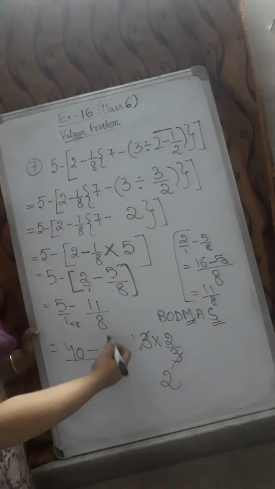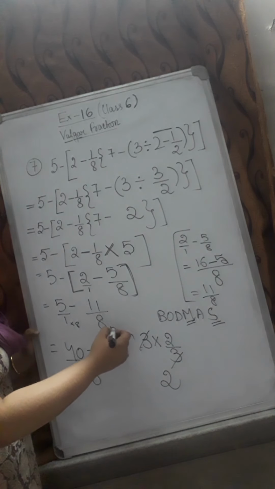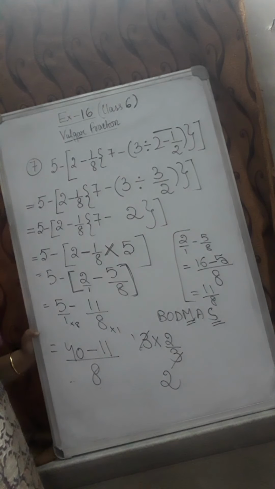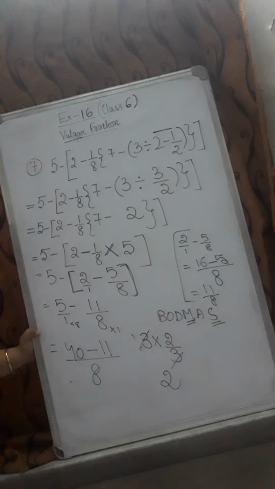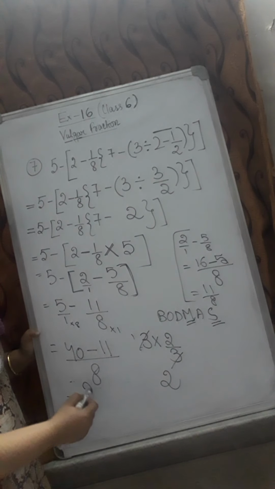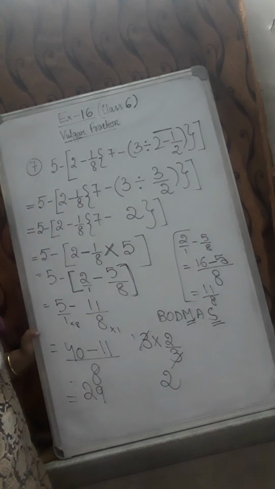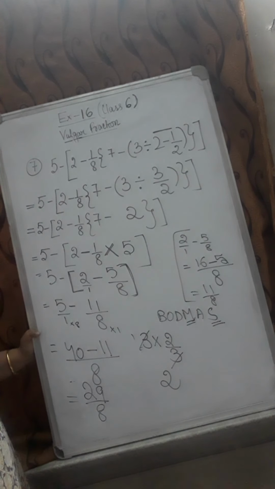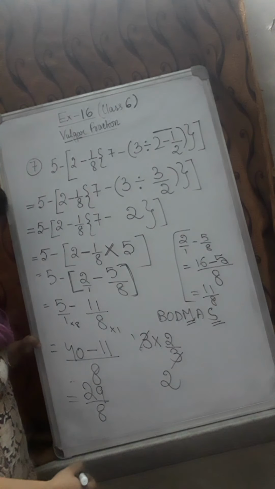Minus, 8 into how much gives this? 1. That 1 you multiply with 11. So it gives you 11. So 40 minus 11 is equal to 29 by 8. It is an improper fraction, convert that into a mixed fraction.